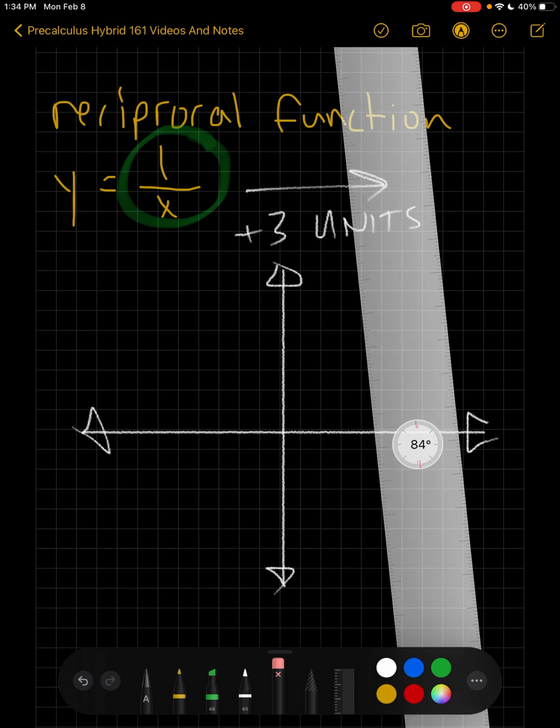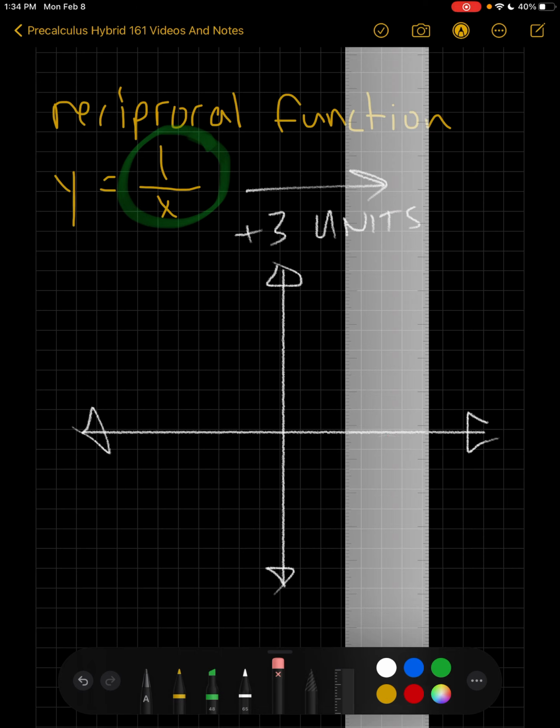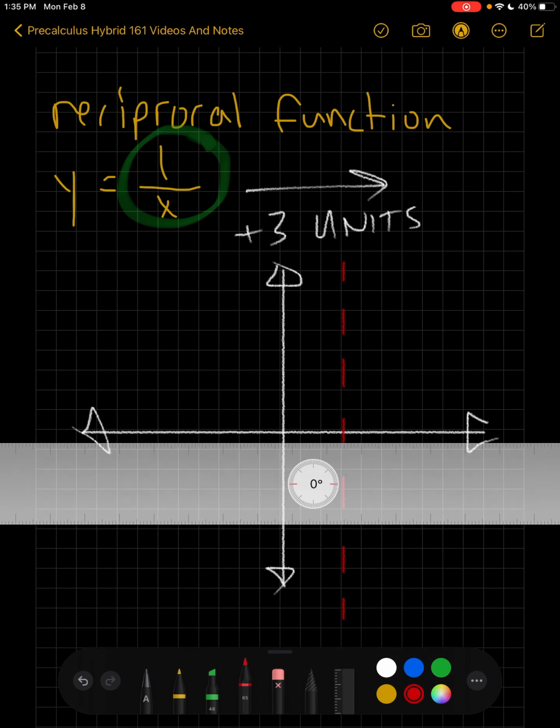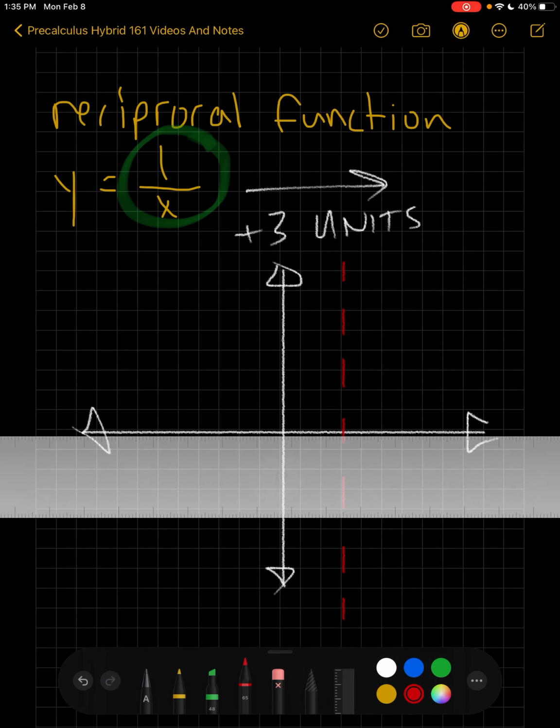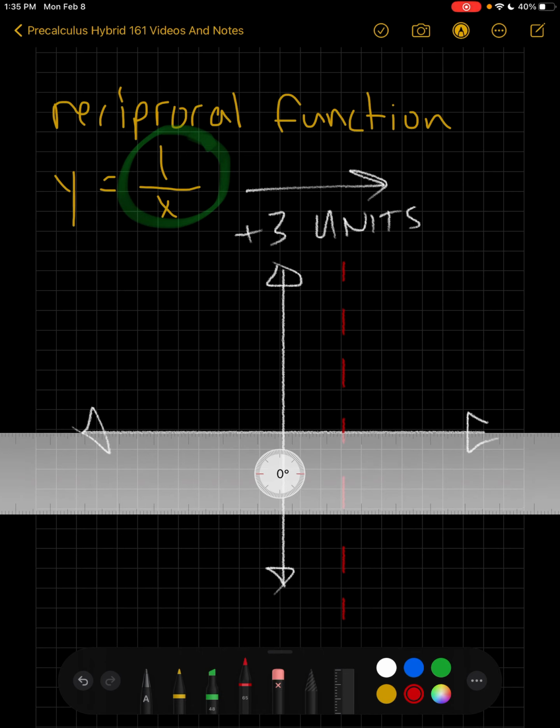So I'm going to sketch in our vertical asymptote first. I think that's the best move, honestly, is to put your asymptotes there, because you know your function is kind of being guided, I guess you would say, by these. So I know I have a vertical asymptote and a horizontal asymptote, just like the reciprocal function.